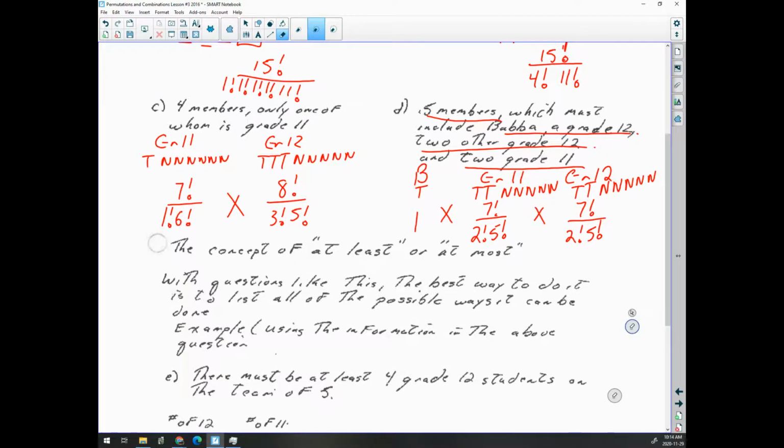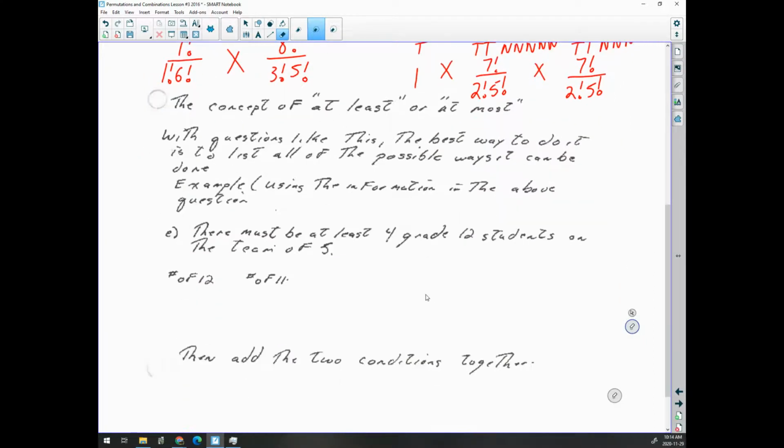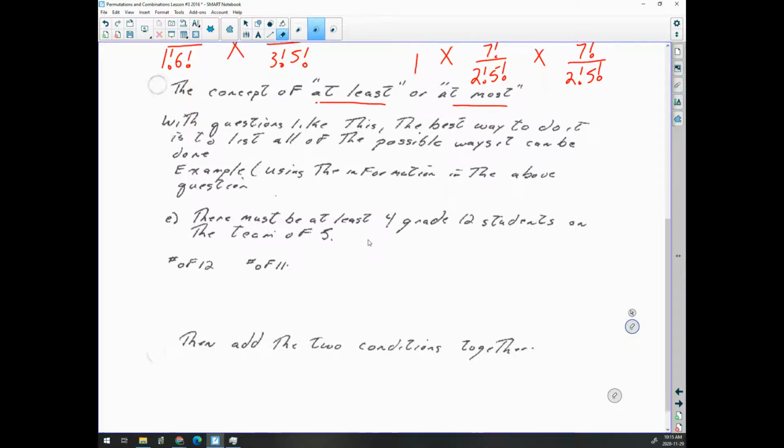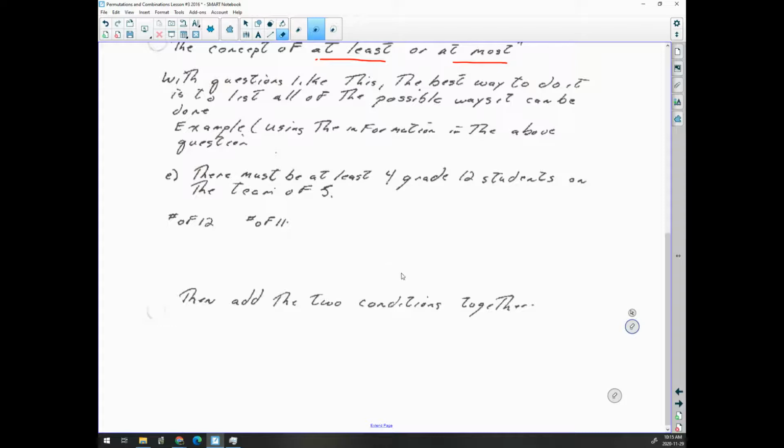Now, when we get into this concept of at least or at most, I found that a really good problem-solving strategy is to list all the possible ways you can do it, and then think about what the question means. So here we're going to use the above. There must be at least 4 grade 12 students on a team of 5.